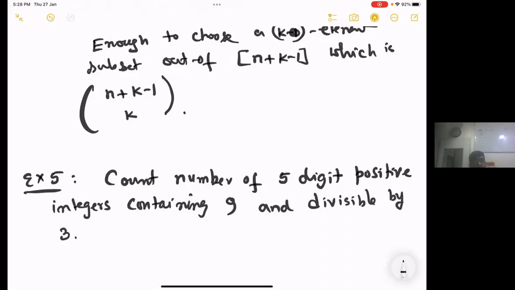3,000. Sorry? 3,000. No. How do you get that? 3,000 is the number of numbers divisible by 3, right? 3333. No. How do you get that?